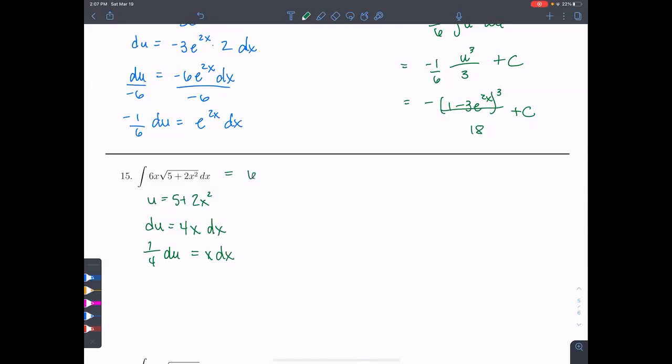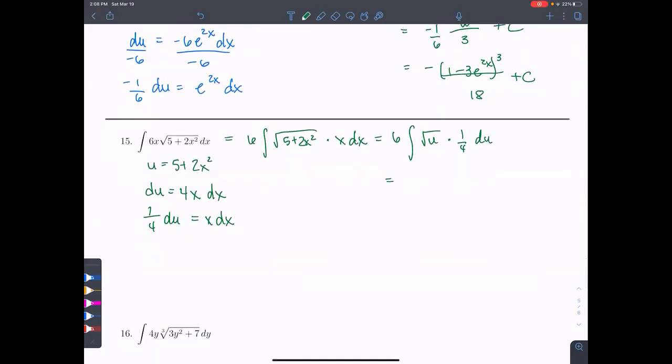So I'm just going to pull that 6 out for right now and write this as the square root of 5 plus 2x squared times x dx, and then make all my u substitution stuff happen. So 6 times the integral of the square root of u times 1/4 du.